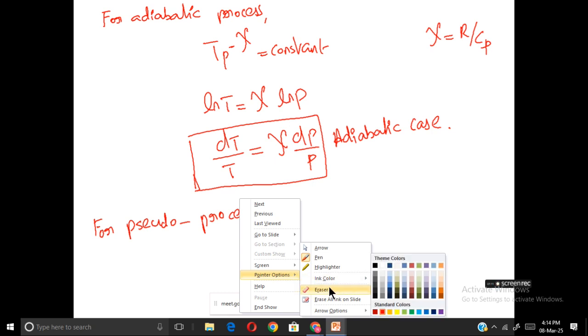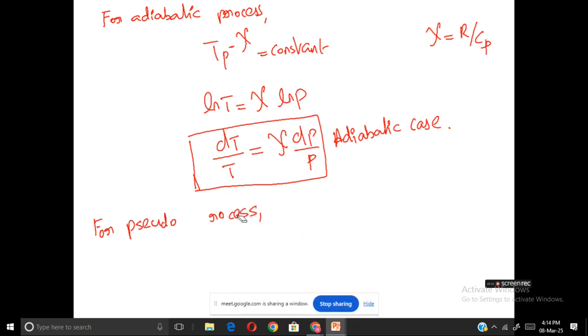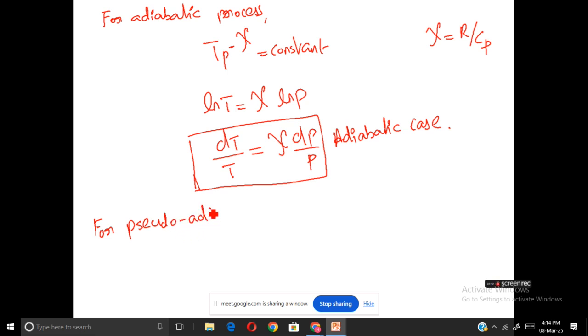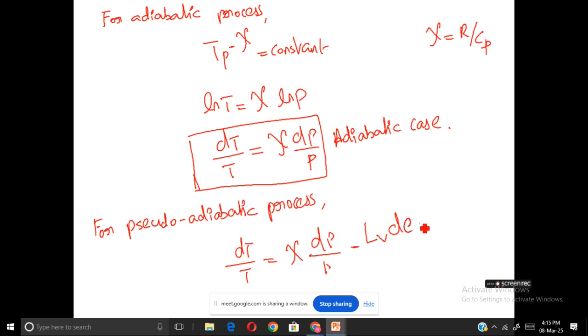In the case of a pseudo adiabatic process, the equation becomes dT by T equal to chi into dp by p minus Lv des by Cp T. This additional term comes because of saturation and condensation processes.